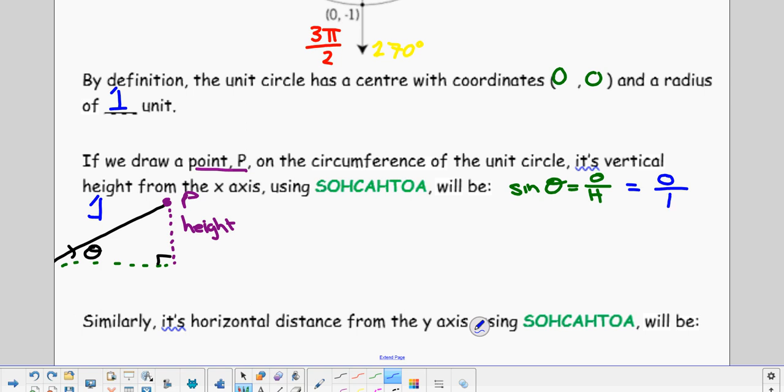If you rearrange to make the opposite the subject, what would you multiply both sides by? By 1. So 1 sine theta equals the opposite length.